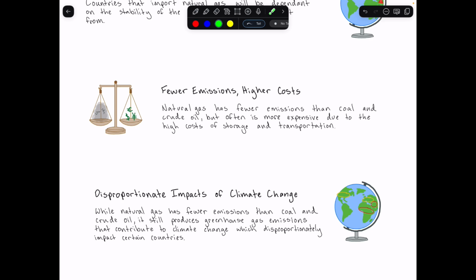And regions like Europe and North America and the Middle East are regions that burn a lot of natural gas, and so they are major contributors of greenhouse gas emissions through their natural gas use. But these regions are projected to be less impacted by climate change in comparison to sub-Saharan Africa, Southeast Asia, and island nations, which use relatively much less natural gas and contribute much less to global greenhouse gas emissions than these major regions.